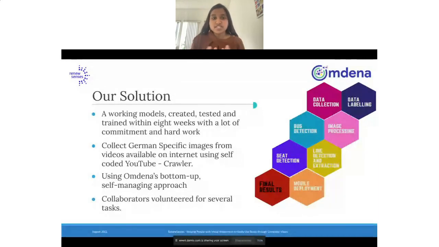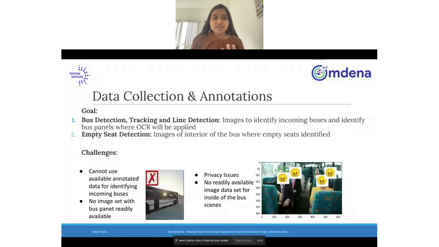So what we did was, we had various data sets that were available online, but apart from that, one thing that we went ahead with was collecting the data sets directly from the German buses. Now, we had specific challenges with the data set because we were not able to collect data where a bus was coming along the way.